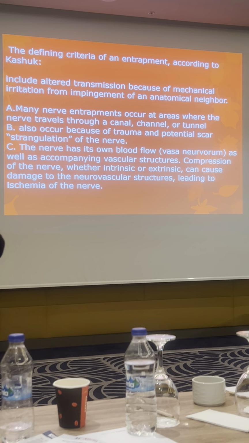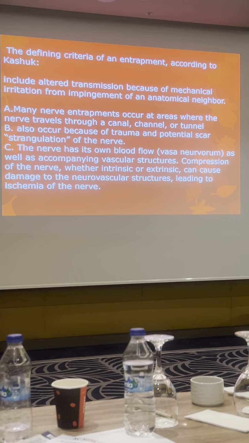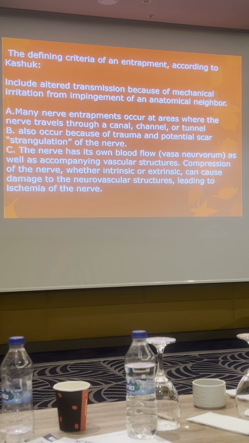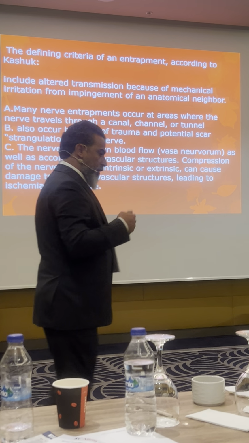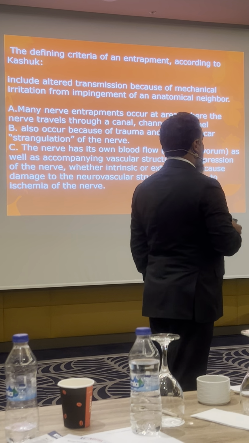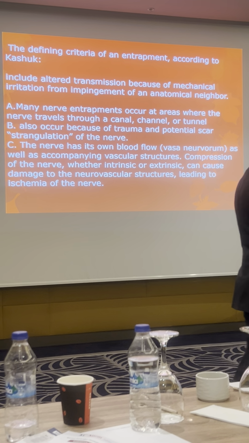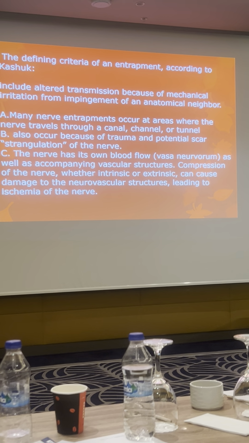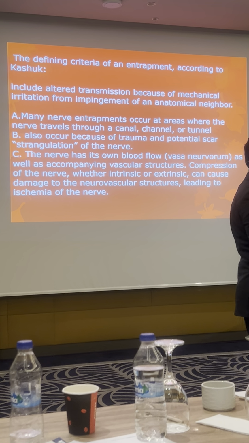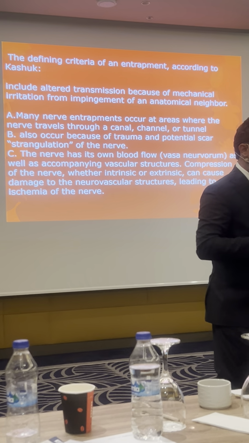Many nerves also have problems with the blood supply due to blunt or crush injury or trauma. All the nerves are supplied with blood by the vasa nervorum, intrinsic or extrinsic. So when there is damage, crush, or blunt trauma to the nerve, it will lose the blood supply, and that leads to ischemic changes and then nerve damage.